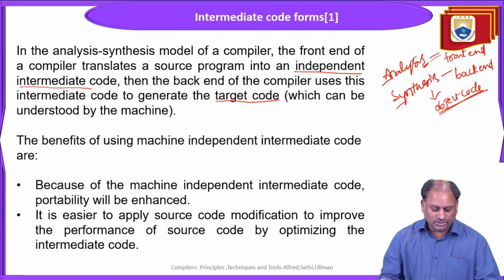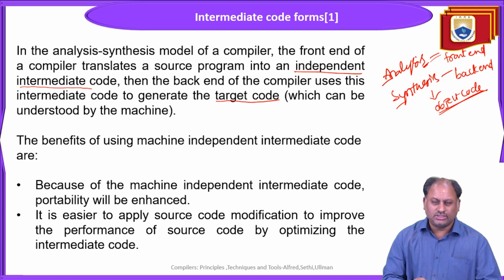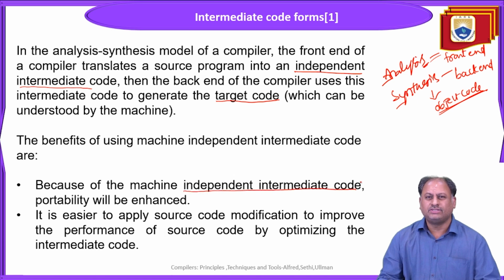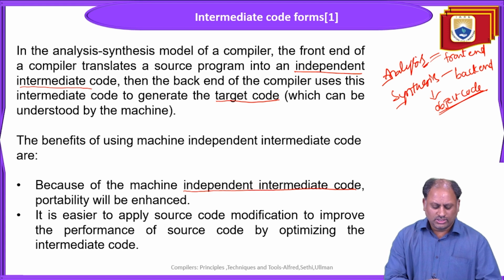Now the first advantage is the machine independent intermediate code. One of the major ones is that machine independent intermediate code carries out the task of portability. That means the program gets the portability enhancement feature.